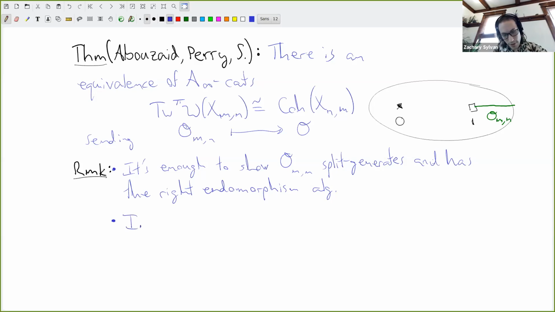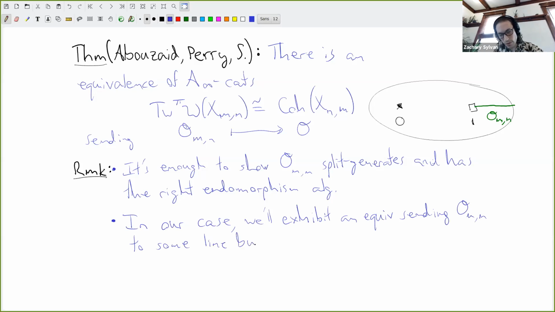Now in our case, we're going to exhibit an equivalence that sends O to OMN to some line bundle.